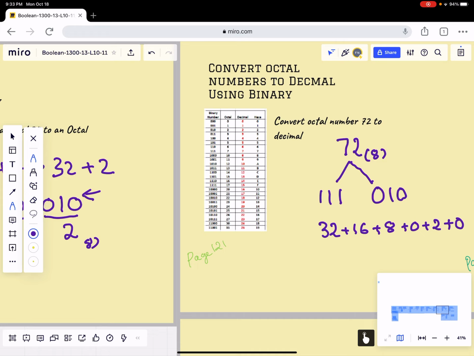So 32 plus 16 equals 48. 48 and 8 equal 56. 56 and 2 equal 58. So the decimal is 58. Okay, write a little 10 here, indicating the subscript for decimal number 58.